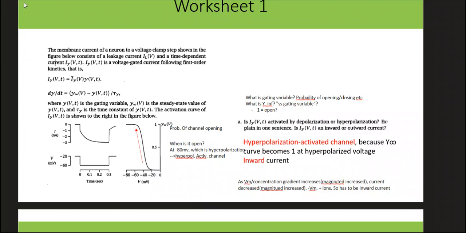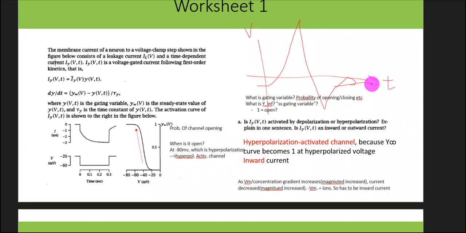And as we all know, the hyperpolarization, let me draw this out real quick. We have this time versus voltage curve, and it kind of looks like that.